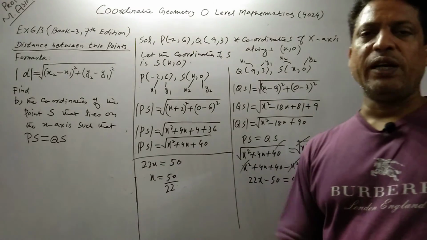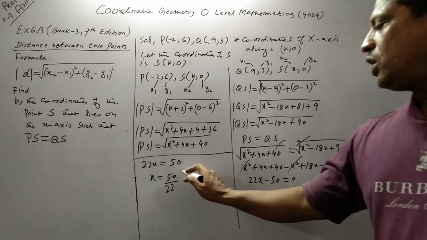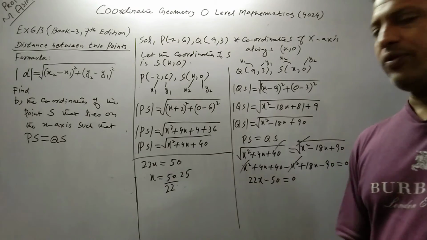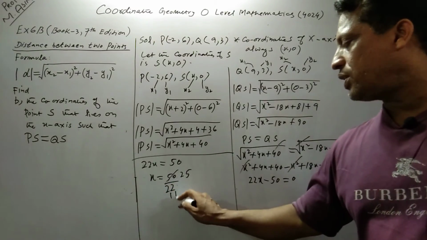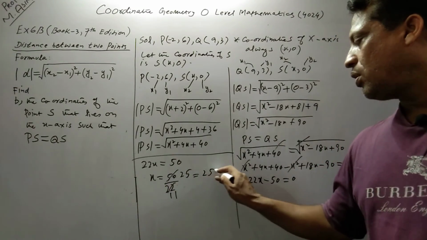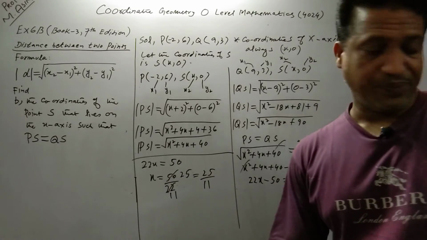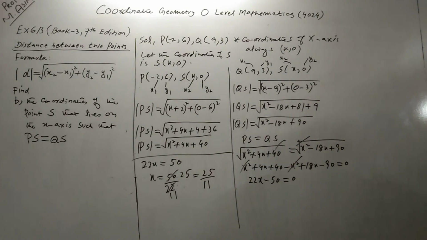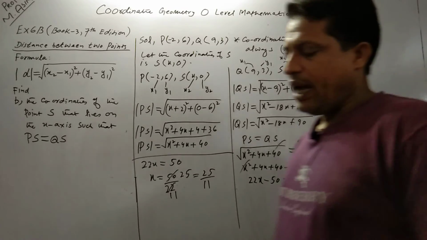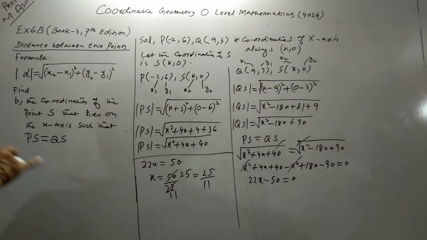Because this 22 is multiplied, it should divide on the other side. 2 2s are 4, 2 5s are 50, 2 1s are 2. So 25 upon 11. The value of x is 25 upon 11. Hence the coordinates of S, final answer.